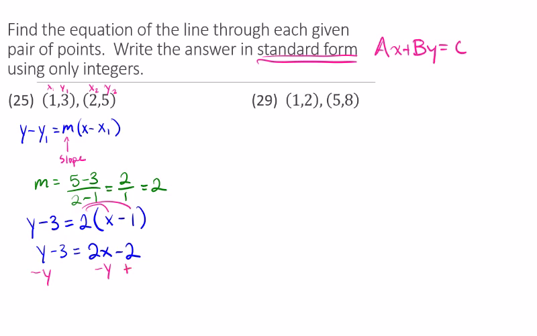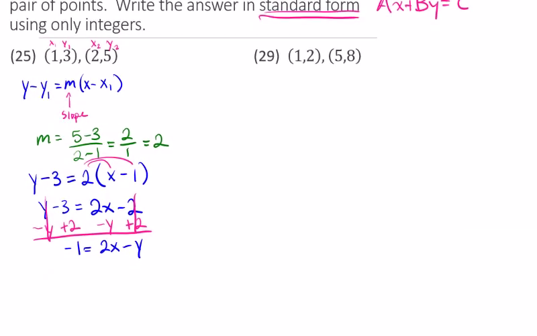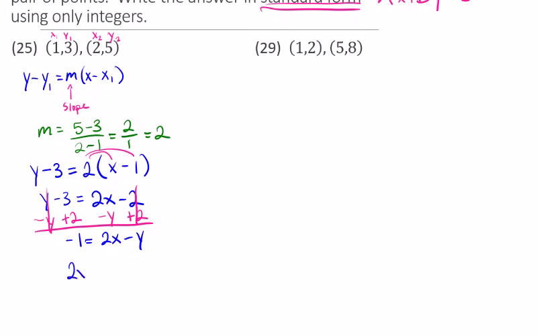But I'm also going to add 2 to get the numbers on the other side. So that'll cancel out the 2's. So I have 2x minus y, and then negative 1 on the other side. So I'm just going to flip it around for good measure, because this is how we're used to seeing standard form. All right, so there it is.